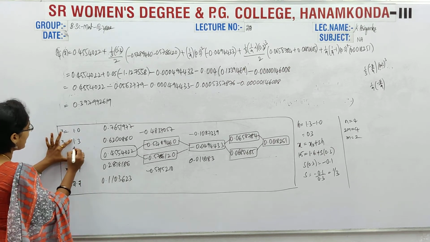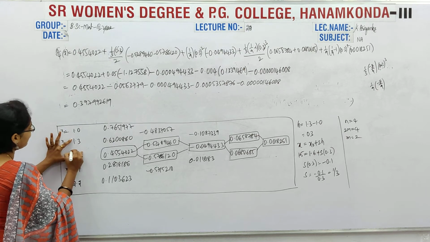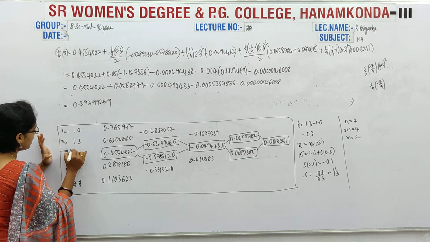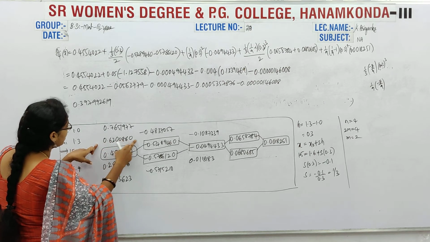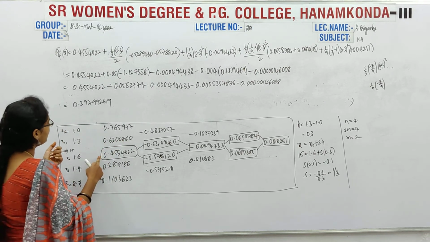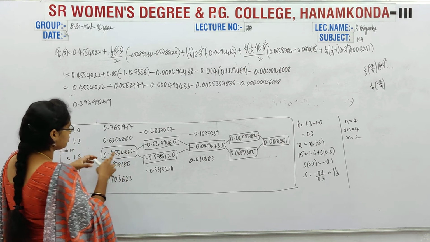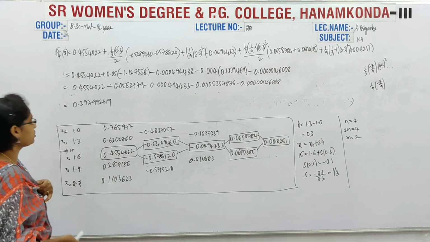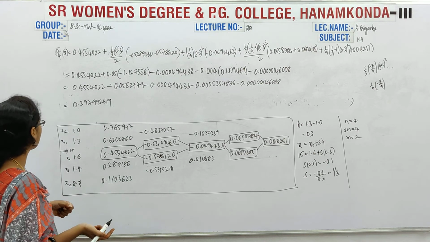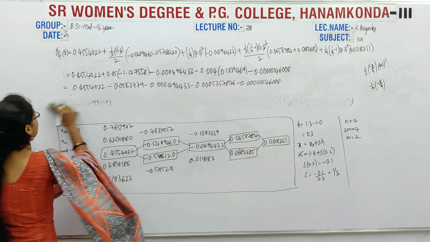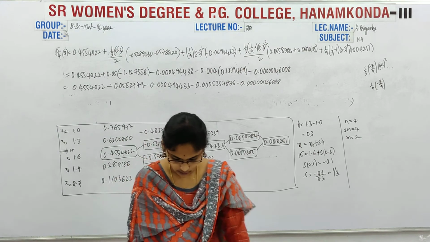So now here I have to get the value of 1.5 in between these two, right? So compulsorily the value should be between 0.6200866 and here 0.455 and so on. It should be in between. So we have missed a little.